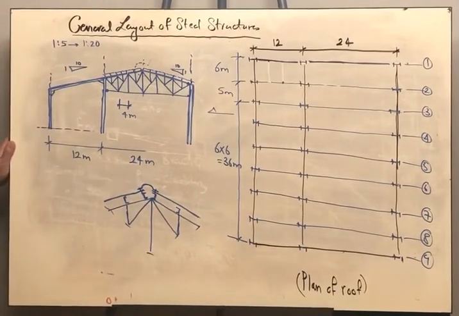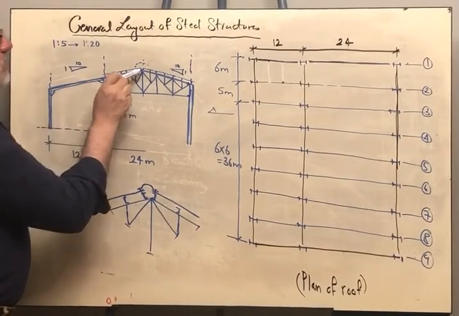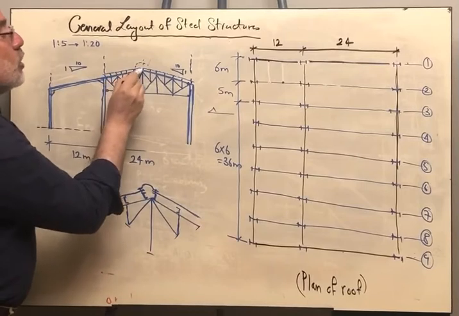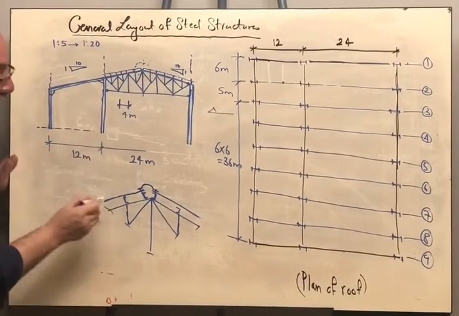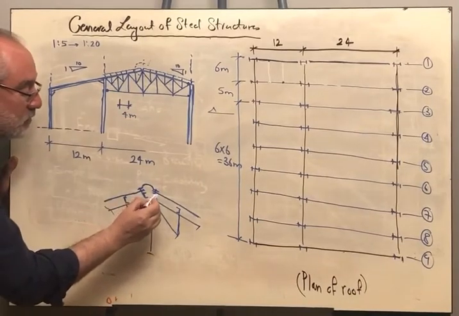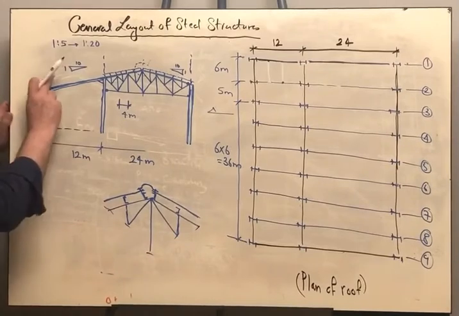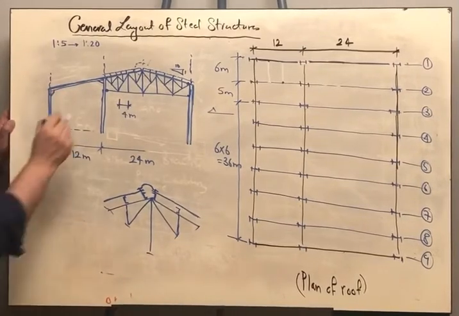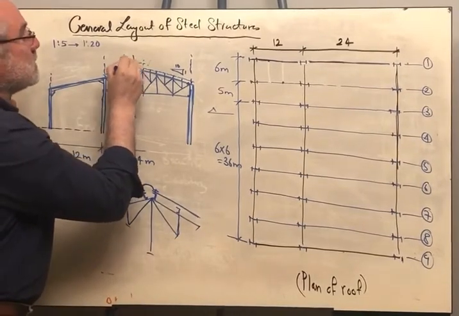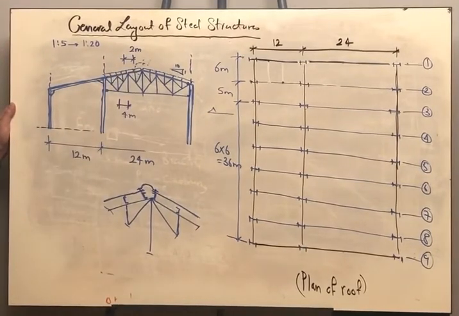We also understand that whenever we are having change in the slope, this slope is like this and then it changed like this, we should have two purlins, because this purlin will support the sheet on the left and this purlin will support the sheet on the right. Now this part, the spacing here between the purlins is obligatory, and it is 2 meters according to the spacing between the joints of the truss.